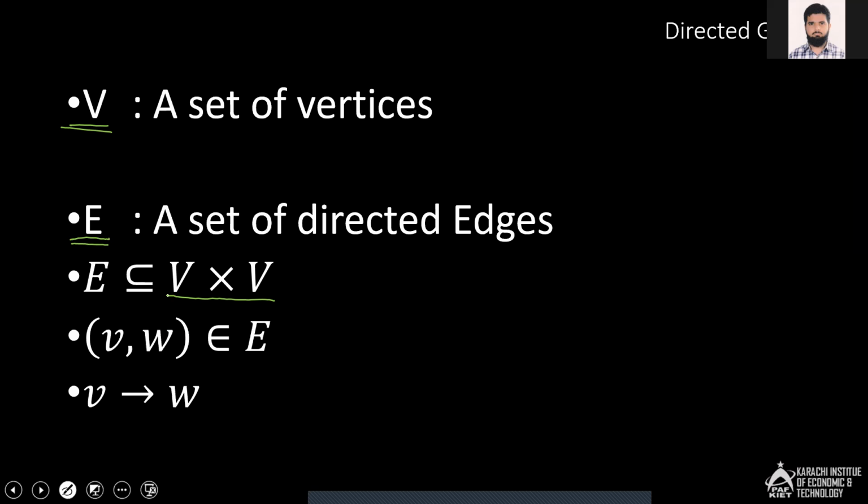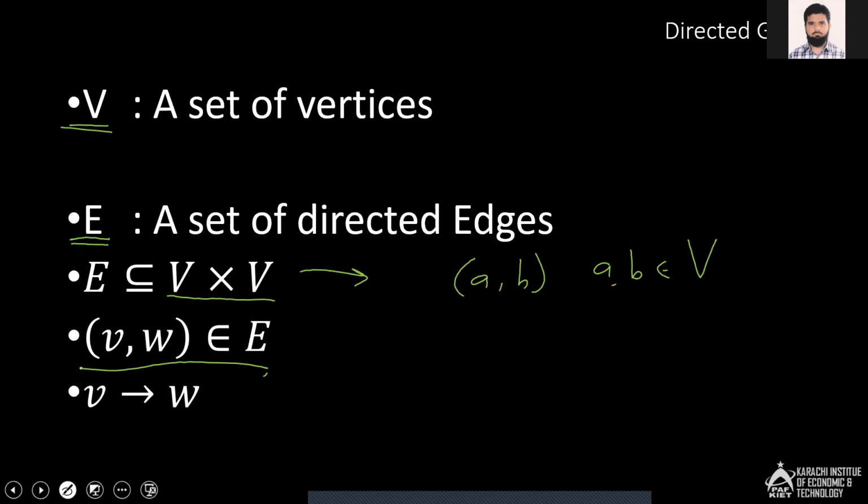As you might recall, whenever we have a Cartesian product on a set V or any set, the result that you get is in the form of an ordered pair (A, B), such that A and B are members of the set that we are concerned with, and in this case it's V. So E consists of ordered pairs of the form (V, W), where V and W both belong to the set of vertices.